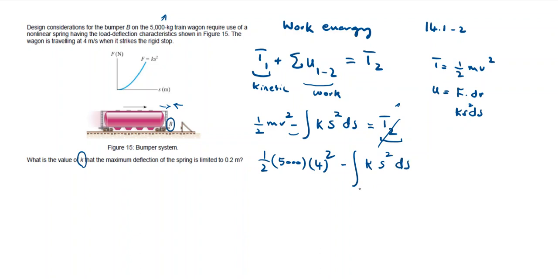The bounds of integration, as it says, are 0.2, so from 0 to 0.2 meter, is equal to 0. So what do we need? We need the value for this k.